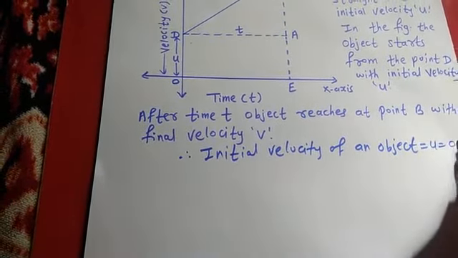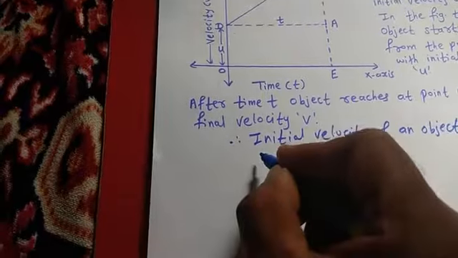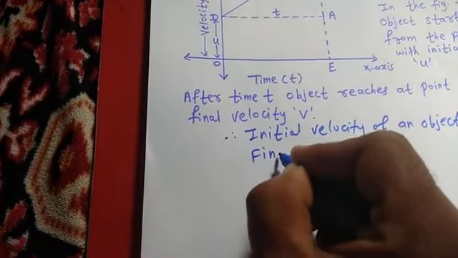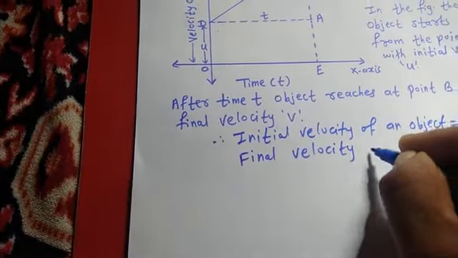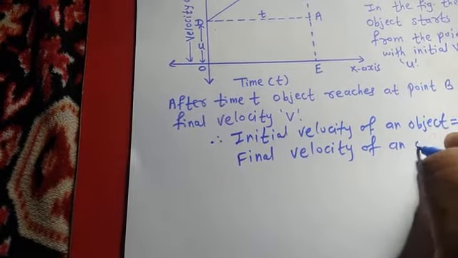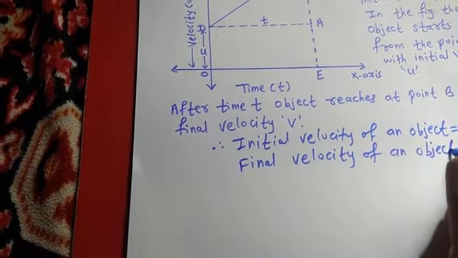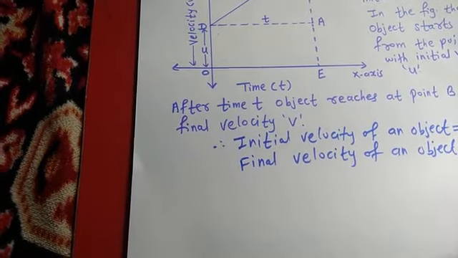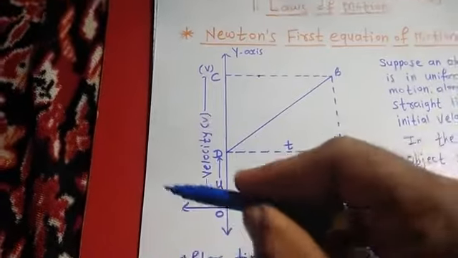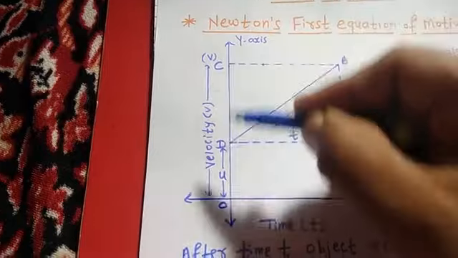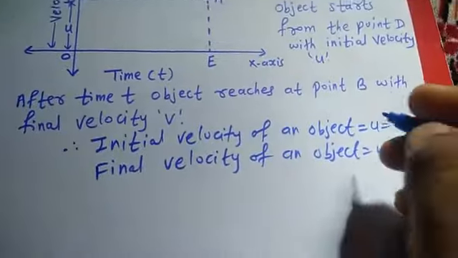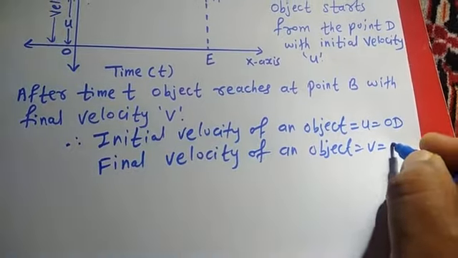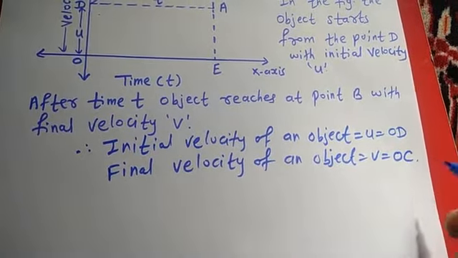U is equal to OD, and final velocity of an object is equal to v, which is equal to OC. This OC distance is equal to v. V is equal to OC.